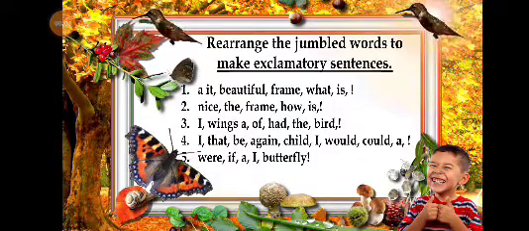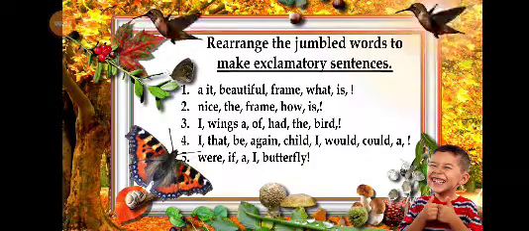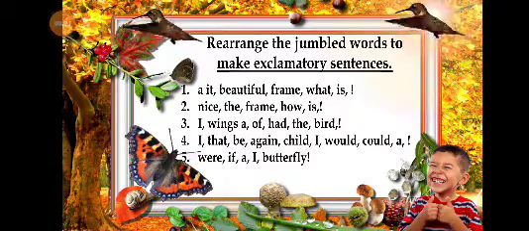For example, number 1, what a beautiful frame it is. If we want to make the exclamatory sentence in a correct way, number 1, we must use what at the beginning. What a beautiful frame it is.